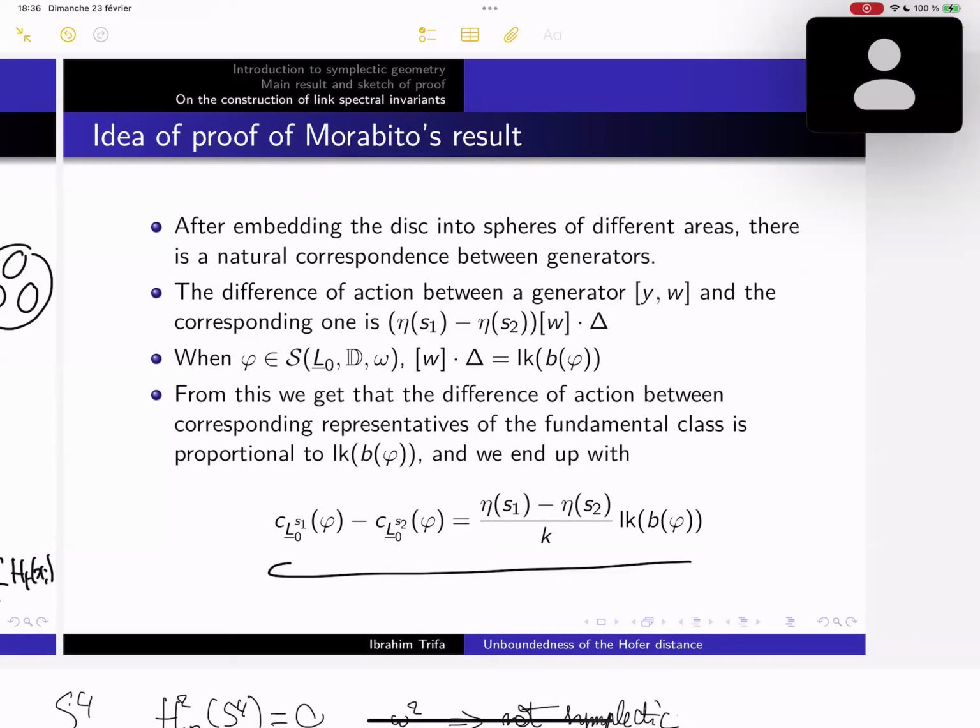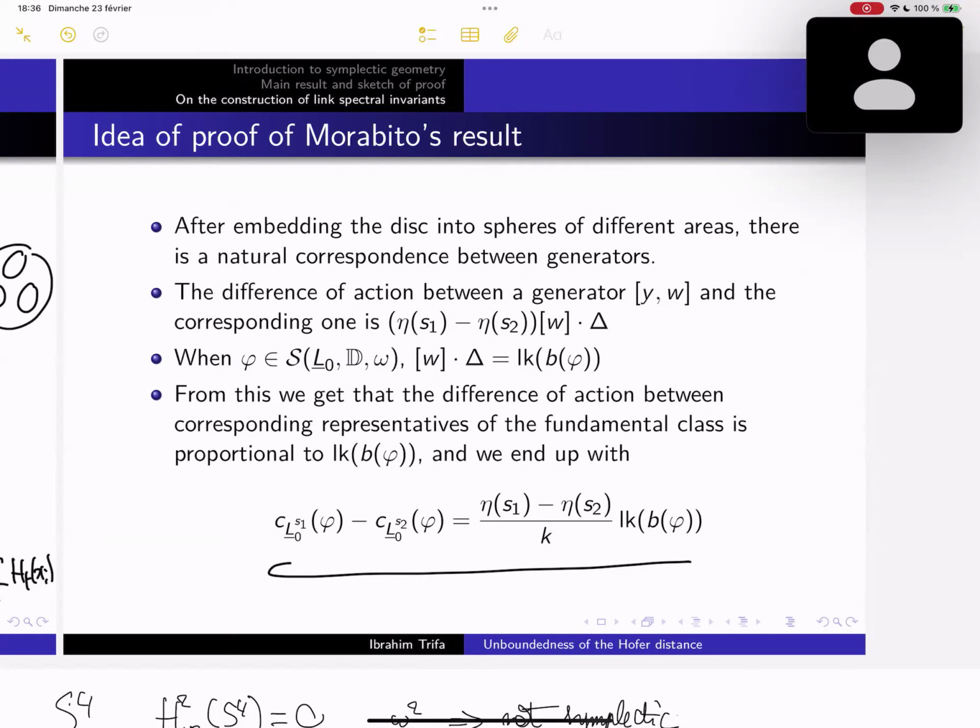If you embed your disk into two different spheres and take a Hamiltonian H, you will get two different Floer complexes, but you have a natural correspondence between the generators of one and the other. Basically, the picture will look the same.